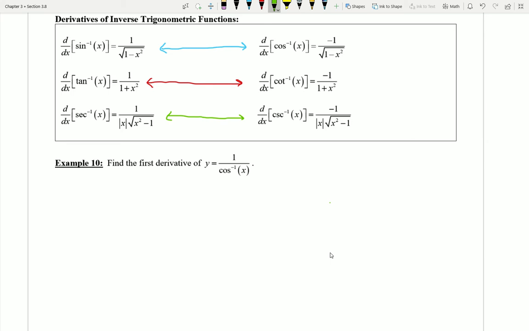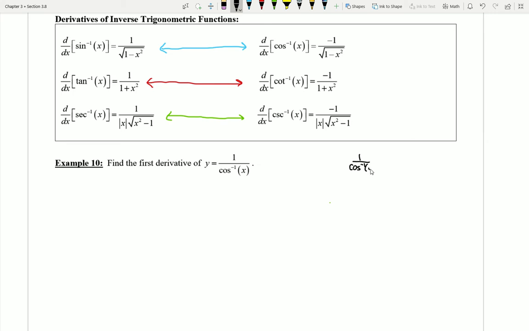cosine of x. Now it's important for me to note right off the bat that there are some relationships that may seem like they are going to work in inverse trig functions, but they actually do not. So I should go ahead and note the following.